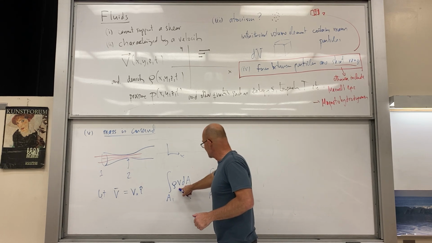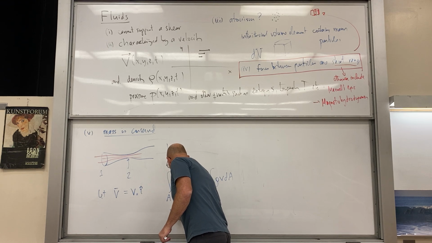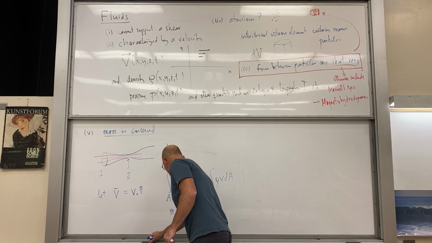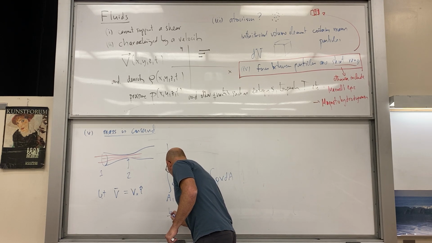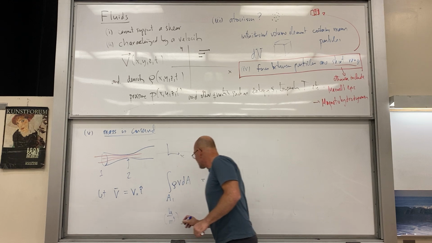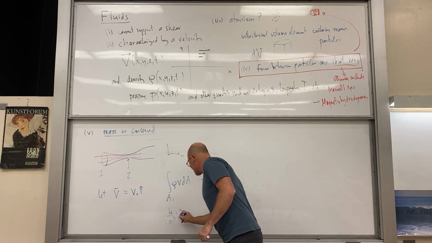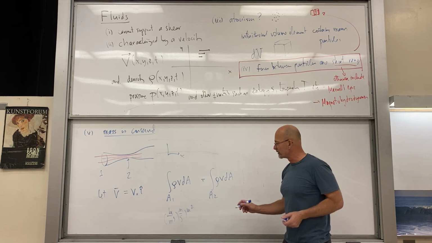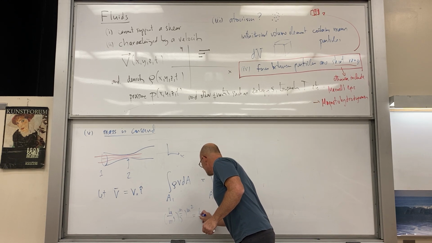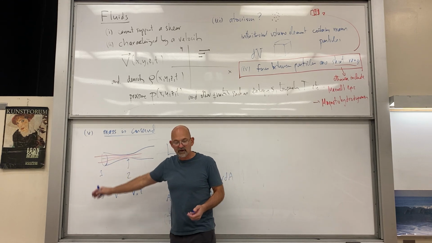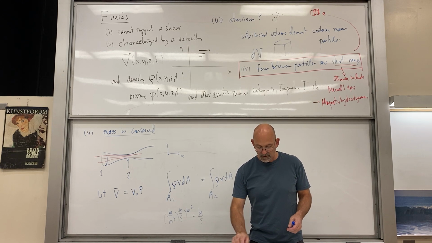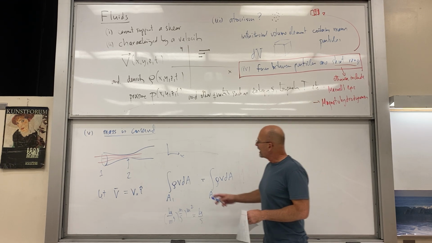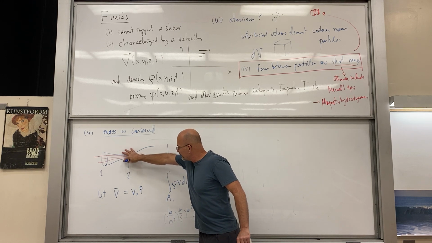And just to make sure we see that this is mass, I'm going to do the dimensional analysis here: kilograms per cubic meter, meters per second, and meters squared. So that's kilograms per second. That's the mass flowing through there per unit time. That's the idea with the fluid flowing through here.